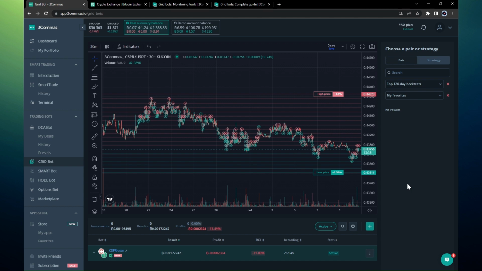So I learned a little bit about why these profit figures are being displayed as they are, negatively, even though based on my visual analysis, the grid is making money. Also, I had this funds warning message, and it kind of comes and goes.